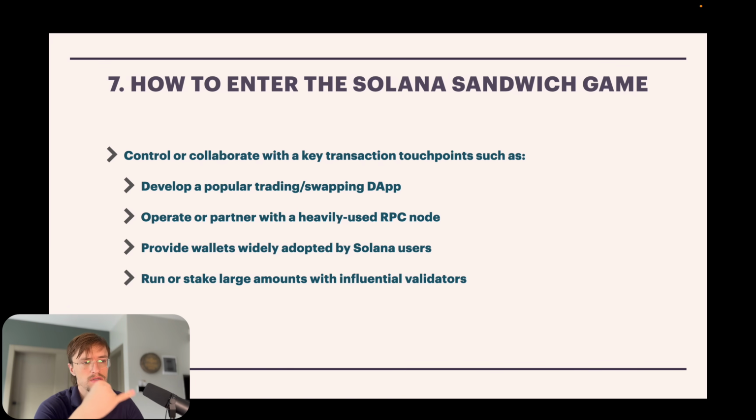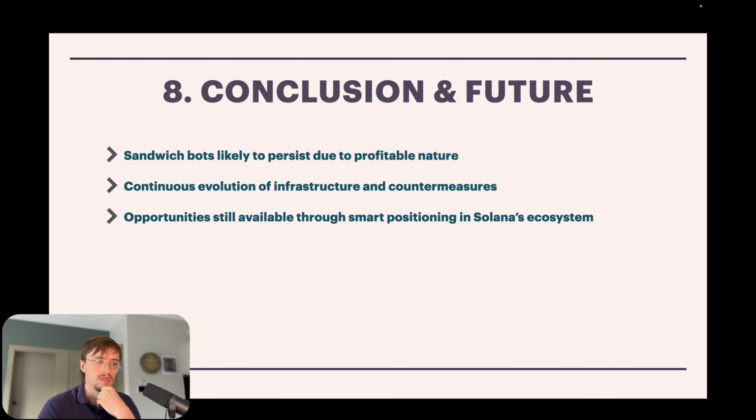Those are the main points. A DApp, where you can see transactions, or a trading bot or whatever. An RPC node, a wallet, or a validator. You gotta get access to one of those in order to make this possible. Or, of course, you can partner with someone that has one of those.